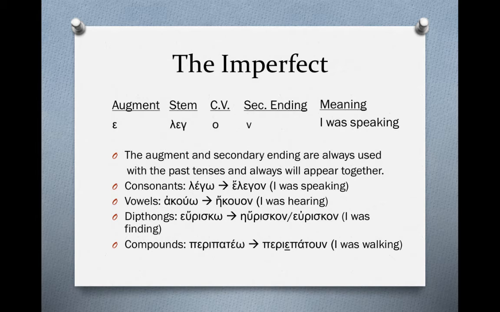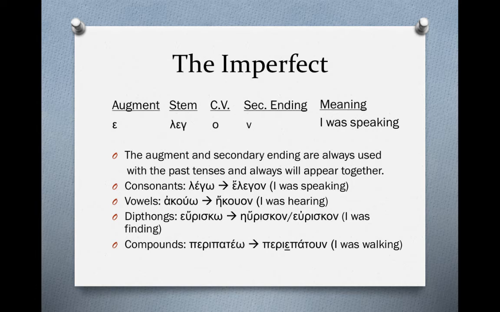And then we have some compound verbs. Verbs that start with a preposition, and then they have the verbal stem. And it's like peri pateo as an example. Peri pateo, this means I walk around, generally, or I live, it could be. It's composed of peri plus pateo.